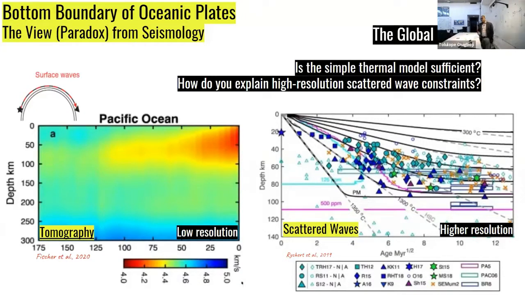Each symbol represents the depth to a sharp converter, a sharp scatterer. And the question one might ask is, taking all these observations together, is the simple thermal model sufficient? Another question might be, how do we explain this high resolution scattered wave constraints in the context of this simple view of a thermally controlled lithosphere to asthenosphere transition?